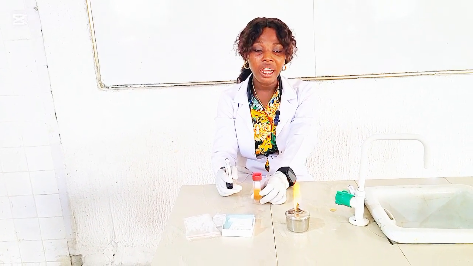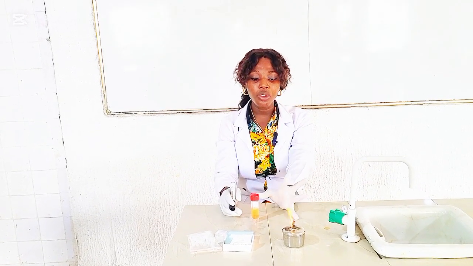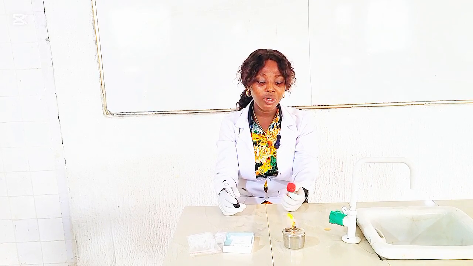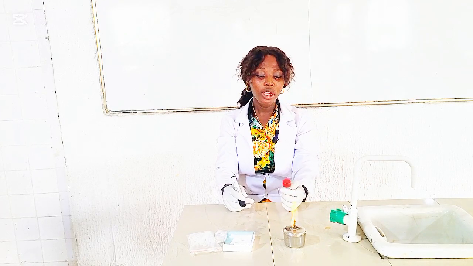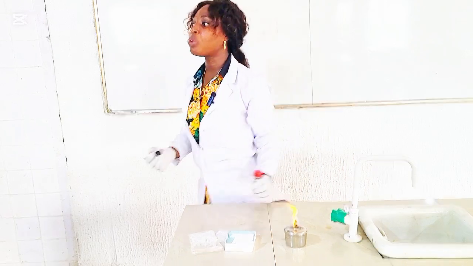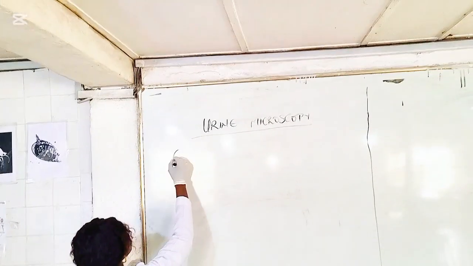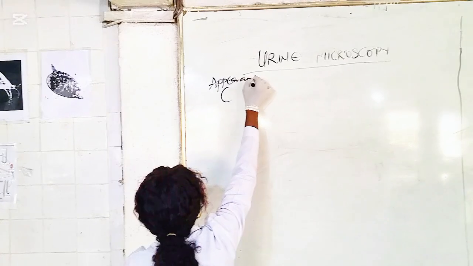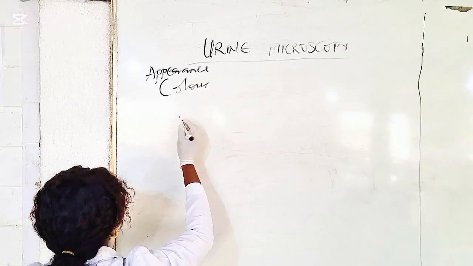Now, there are several things to look at before talking about microscopy. First of all, you want to check the macroscopy. What are you seeing? Because it will help guide you to what you may see in microscopy. First, we'll talk about the general appearance, which entails several parameters like the color of the urine sample.